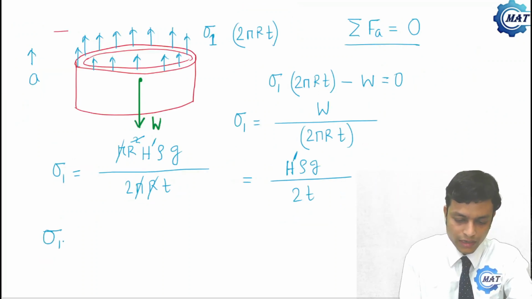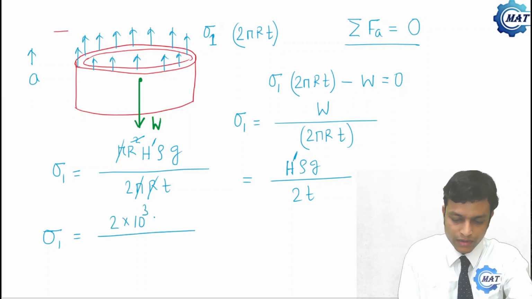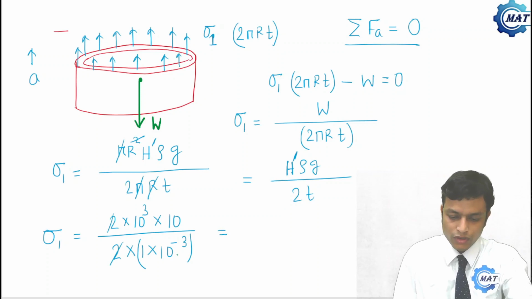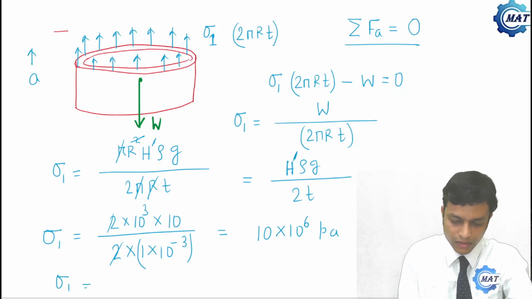So let us calculate. H prime is 2 meter, rho is 10 to the power 3, g is 10, divided by 2 into 1 into 10 to the power minus 3, as thickness is in millimeter. So this becomes 10 into 10 to the power 6 Pa, that is sigma 1 is 10 MPa.